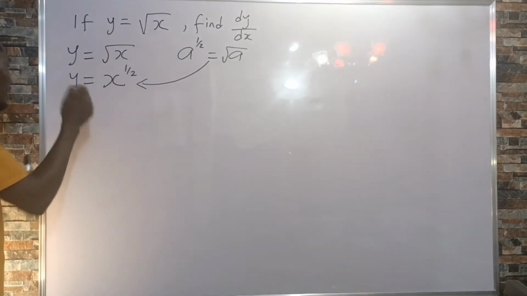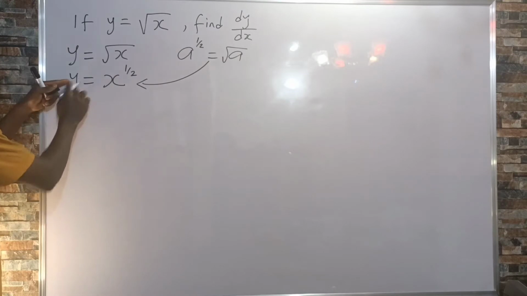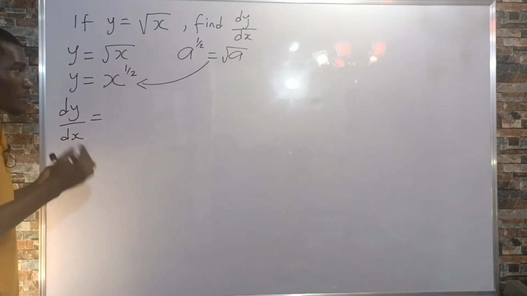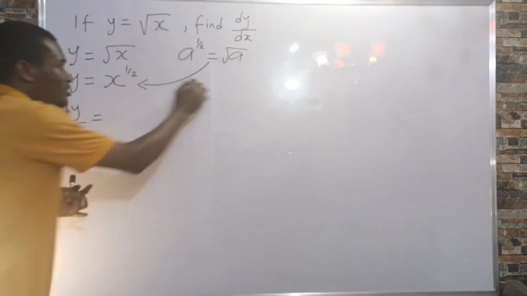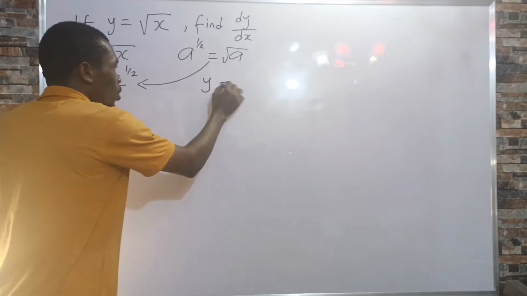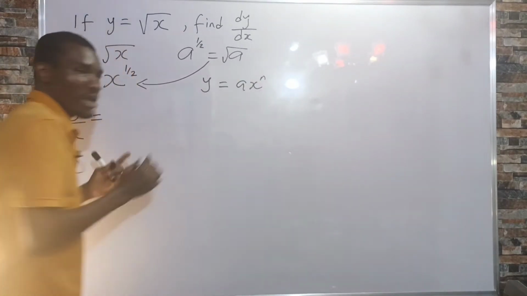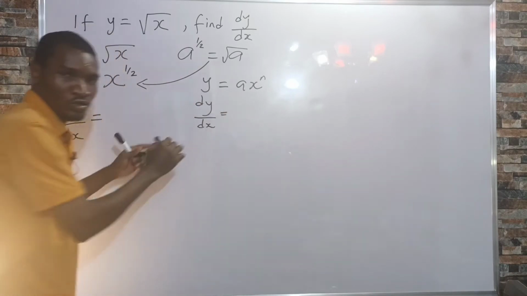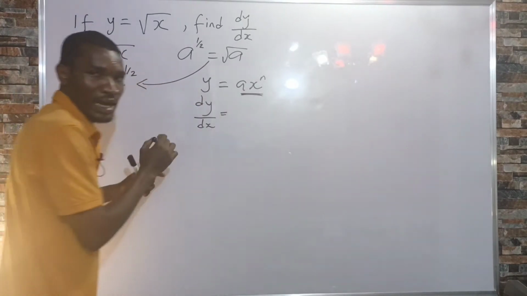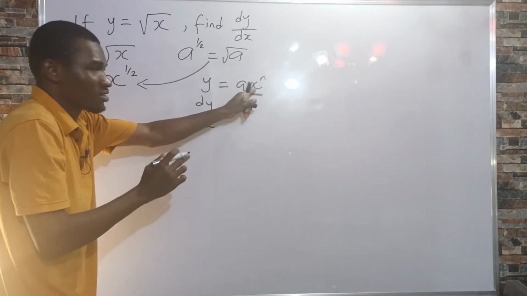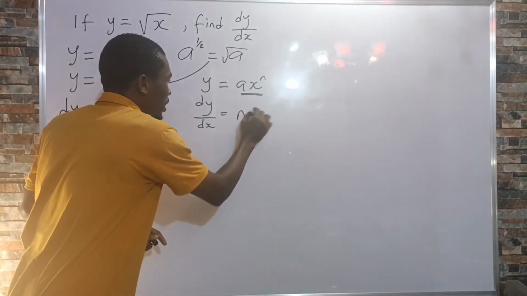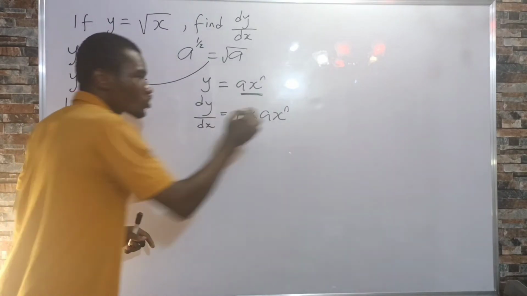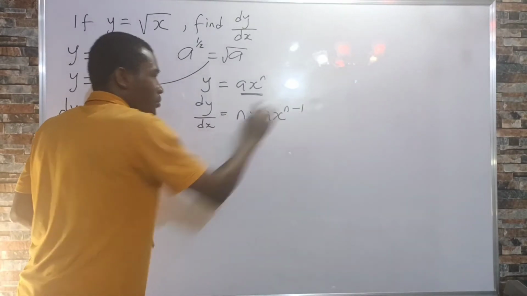Then I have differentiating y with respect to x will be equal to, remember the general formula for differentiation, that whenever you have a function y equal to ax raised to the power of n, differentiating y with respect to x is equal to multiplying this given term by the original power of x here. So we have n multiplied by ax raised to the power of n, then we subtract 1 from this given power.